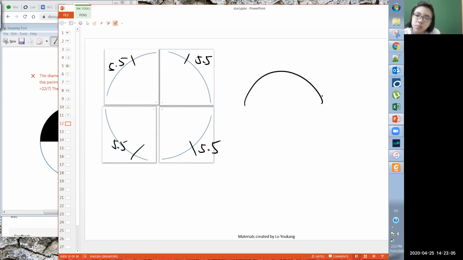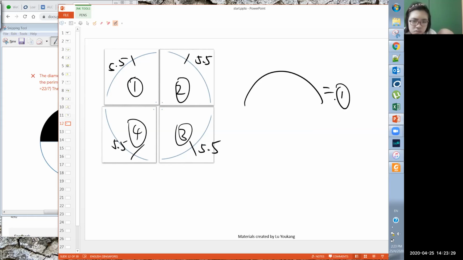So the half circle is a combination of what? If this is piece 1, piece 2, piece 3, and piece 4, half circle is given by 1 and 2. Very good.